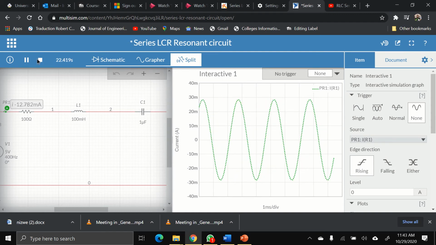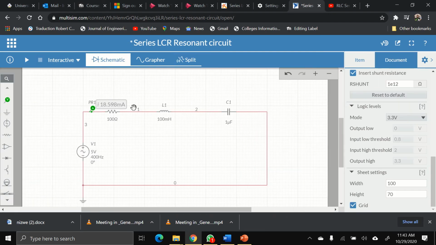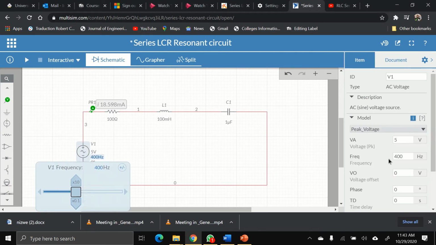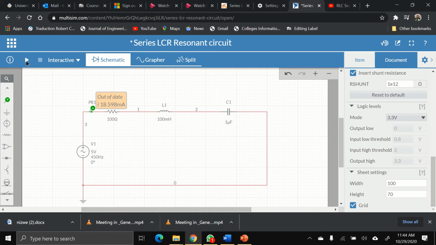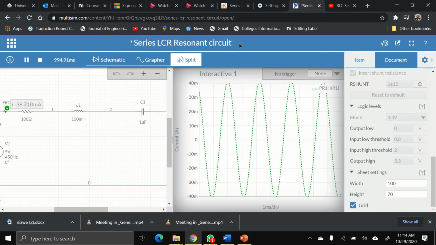After that I will change this. Let's say I now give 450 hertz. This is the frequency I am giving, 450 hertz, and then I again simulate. See how much current is going.